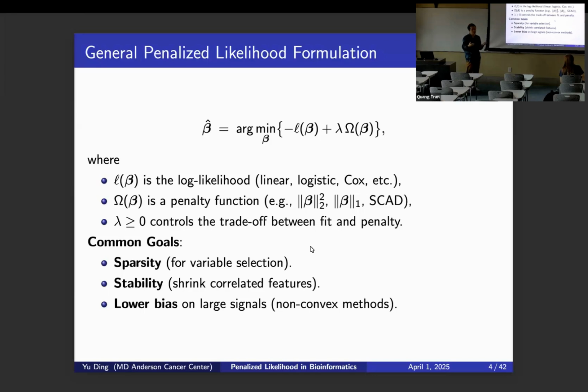We denote the predictor or covariate as variable x, and the response as variable y. So sparsity means that we would like to investigate which subset of predictors x are related to the response y.